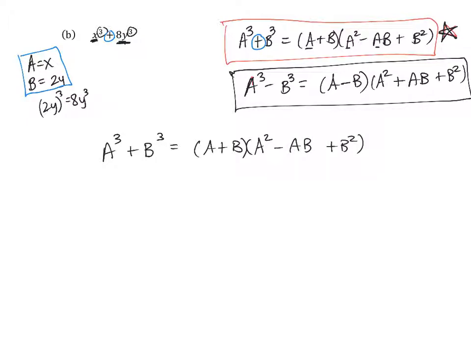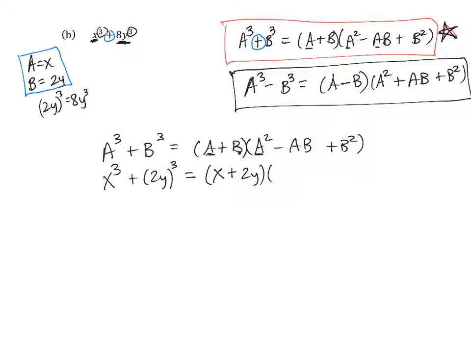Okay, I've decided that a is x and b is 2y. Okay, so every time I see an a, I'm going to just replace it with x. Okay, so this is an x in my formula, but an a in my formula, I need to replace it with an x. And this b, I'm replacing with 2y.